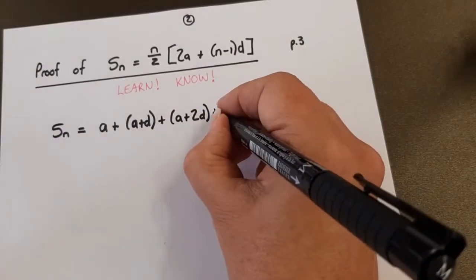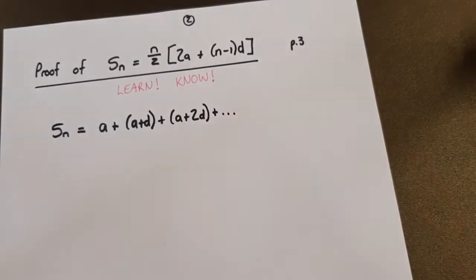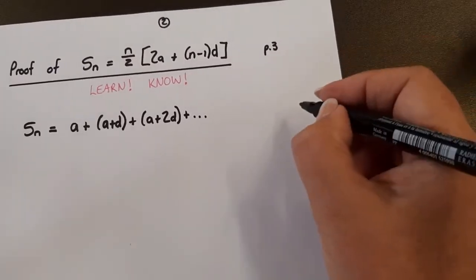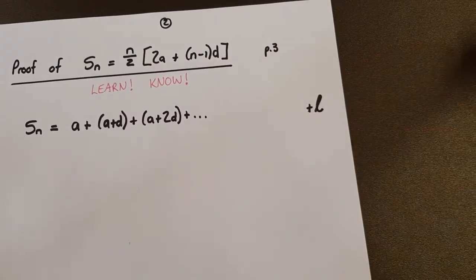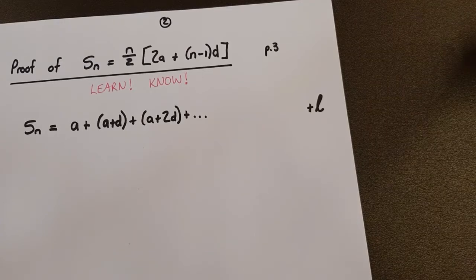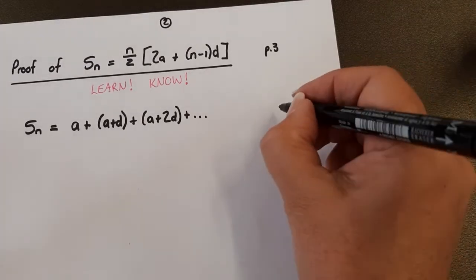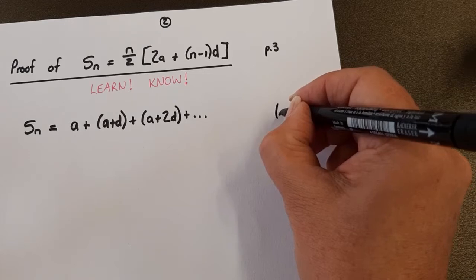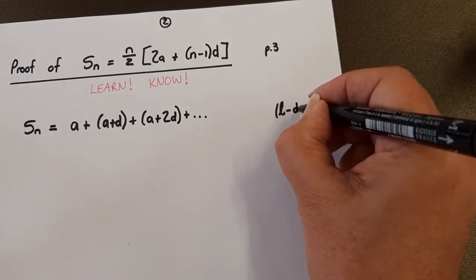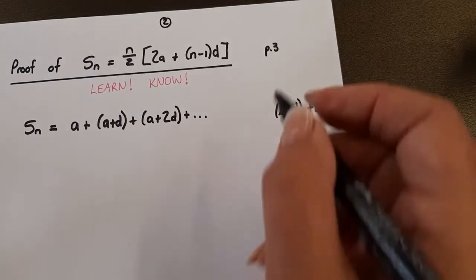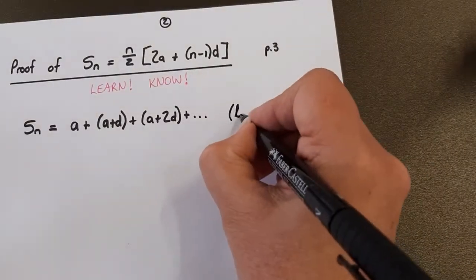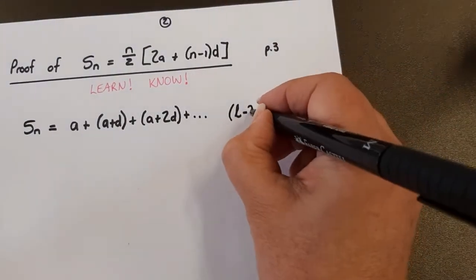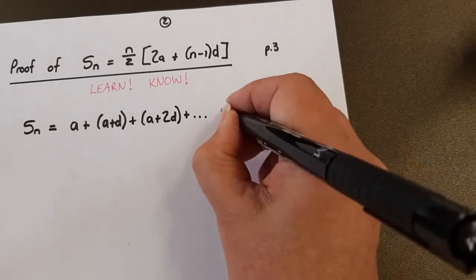And we carry on like that until we get our last term. The term just before the last term will be the last term minus the constant difference. And the term just before that will be the last term minus 2 times the constant difference.